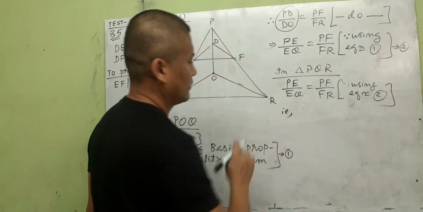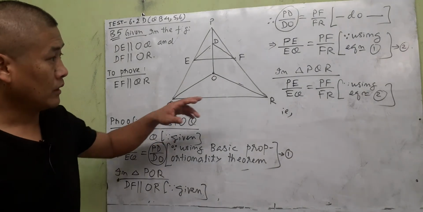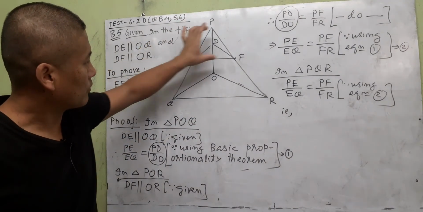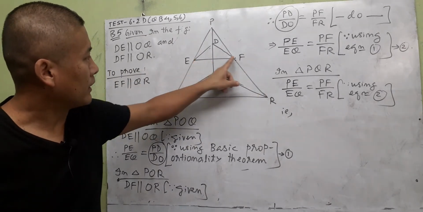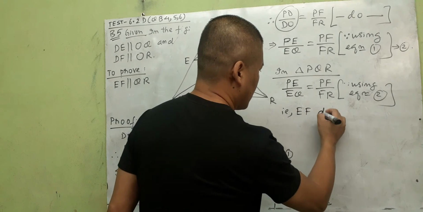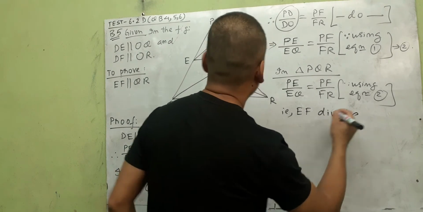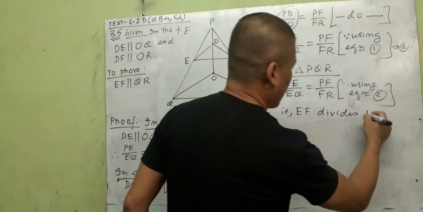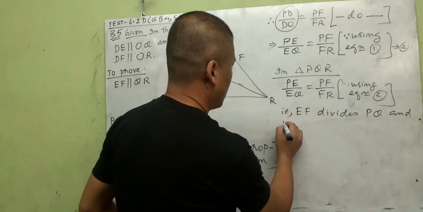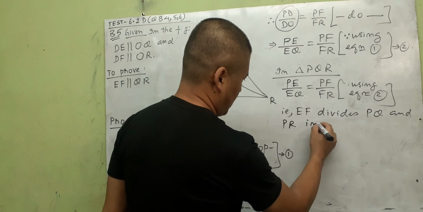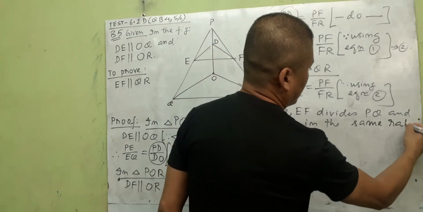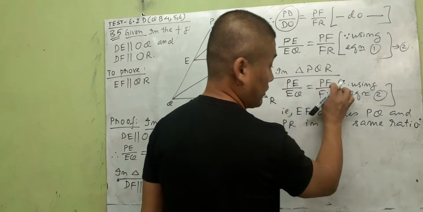In other words, PE by EQ equal to PF by FR means this line EF divides this side PQ and the other side PR in the same ratio, means equal ratio, because this ratio is equal to this.